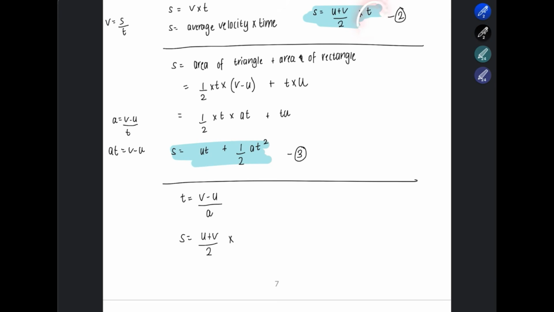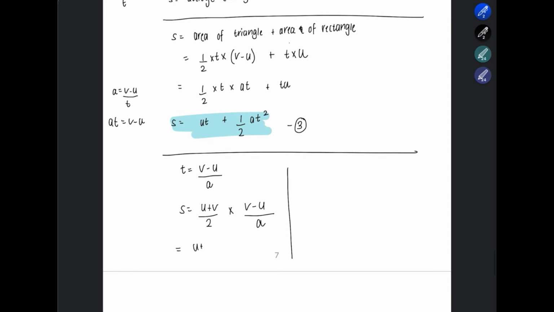Instead of writing time, we'll write this (v minus u) divided by a, so (u plus v)(v minus u) divided by 2a. So this is going to be s equals v square minus u square divided by 2a.